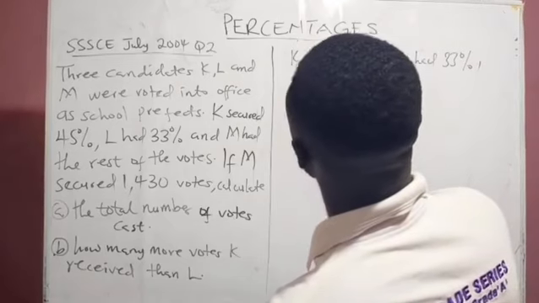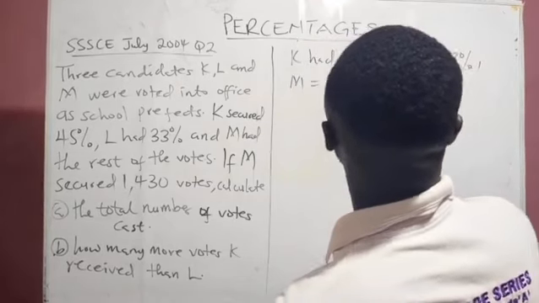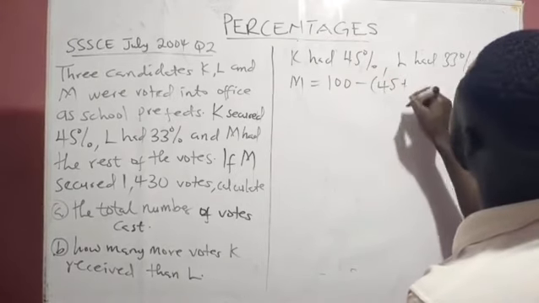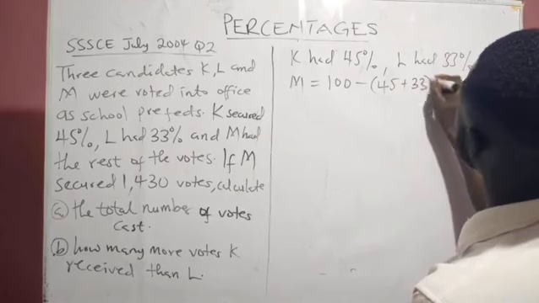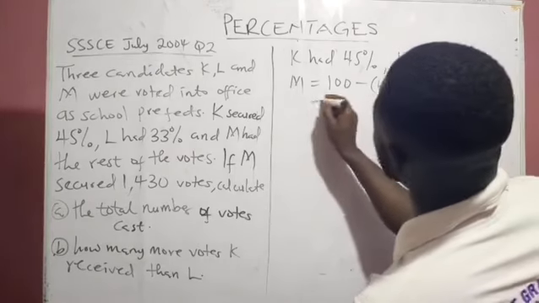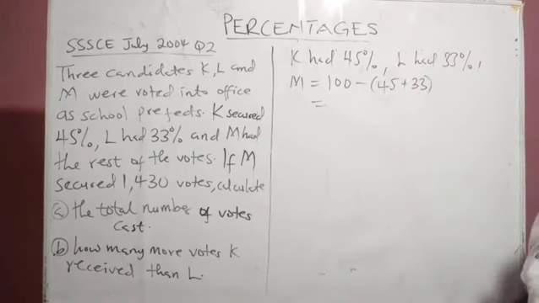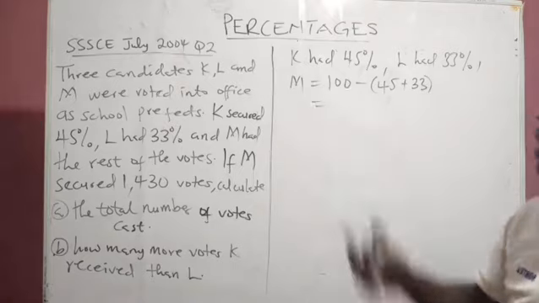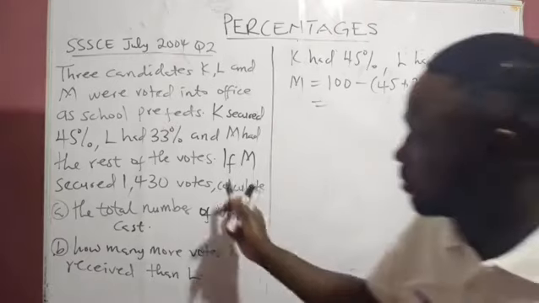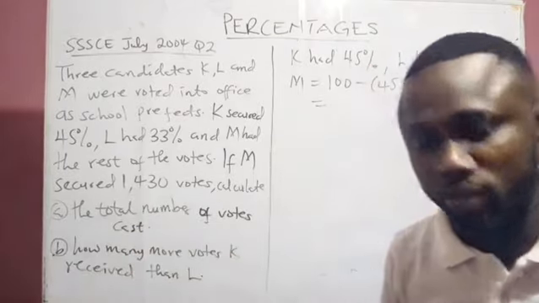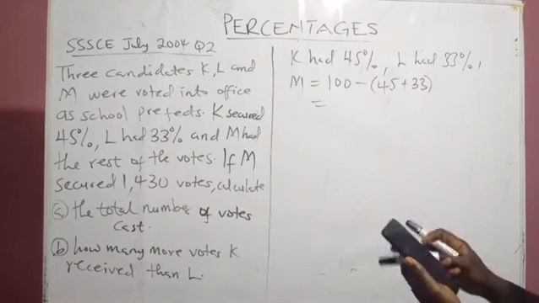So M's vote is going to be 100 minus 45 plus 33. It means that when you take the percentage of the two and subtract from 100, you will know what M had. That particular percentage will correspond to the 1,430. Okay.